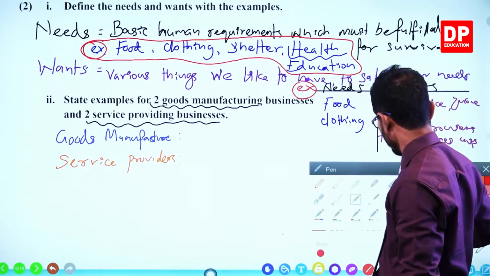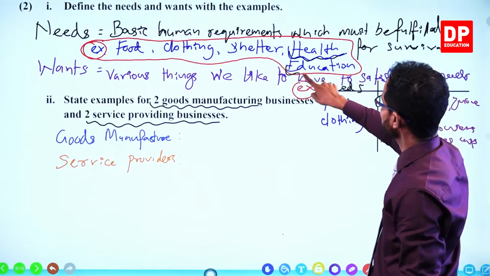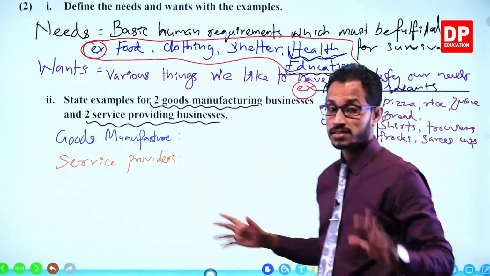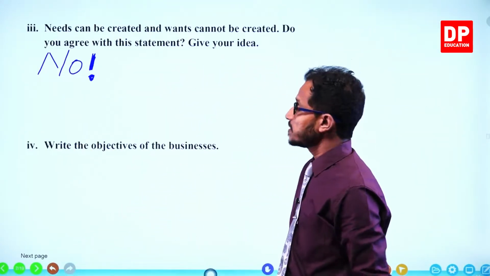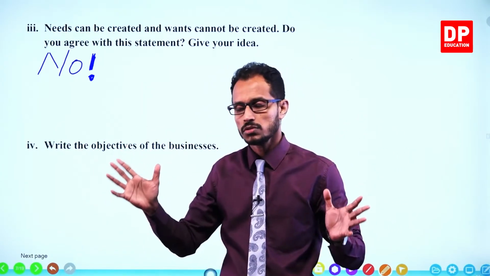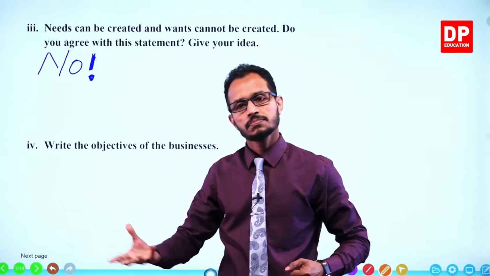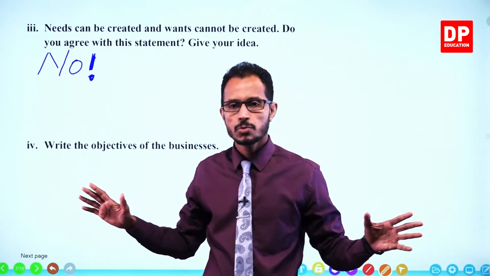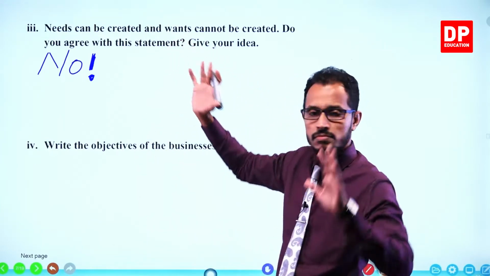These needs are also there now. So they can't be created. They are default. They come from birth for every human being. Who says needs can be created? We don't agree.